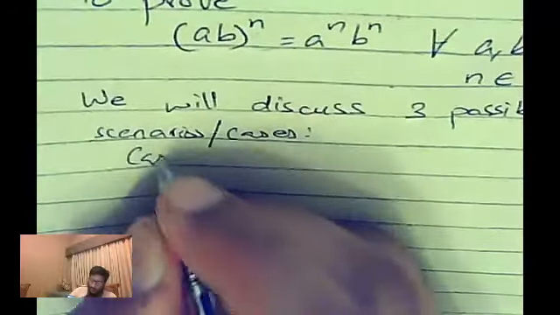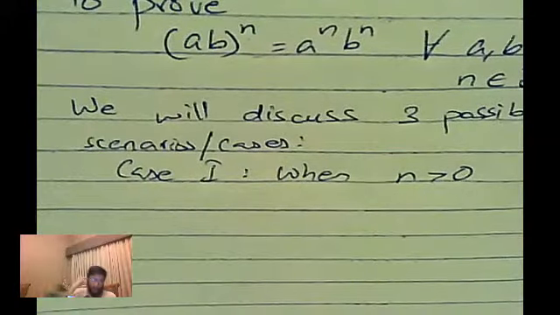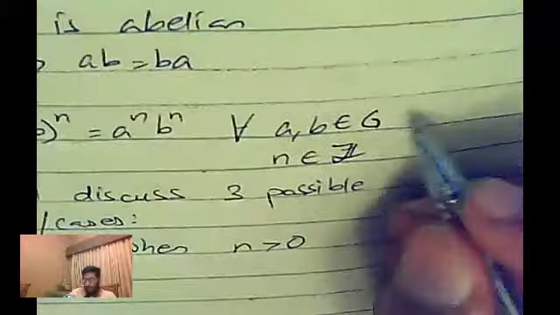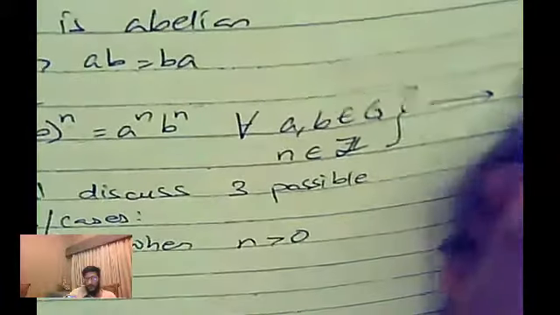It looks cool when we use the word scenario. Case 1, when n is greater than 0, or n is a positive number. I shall name this equation as 1.